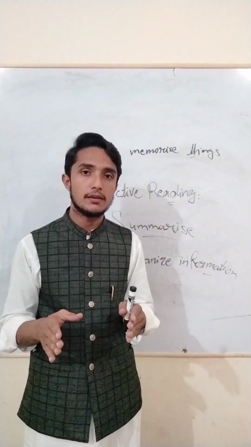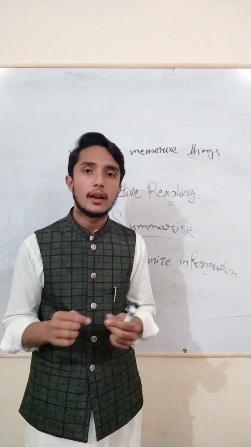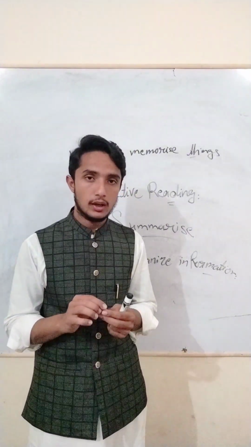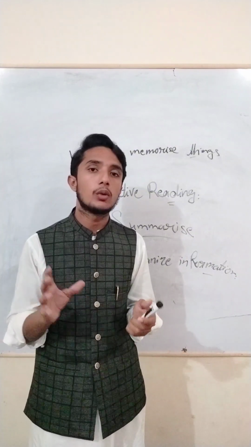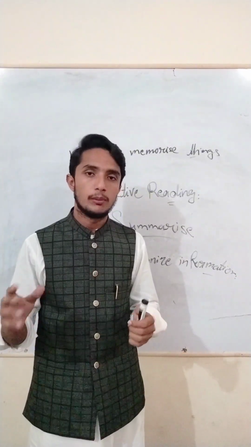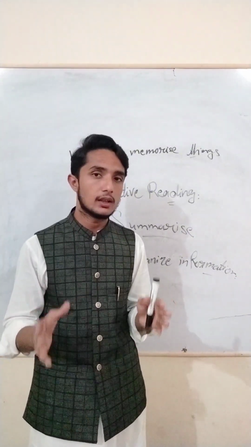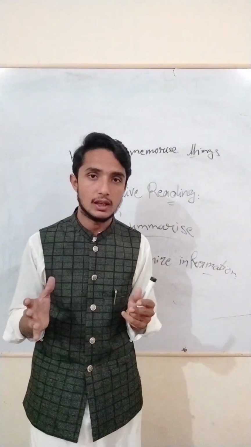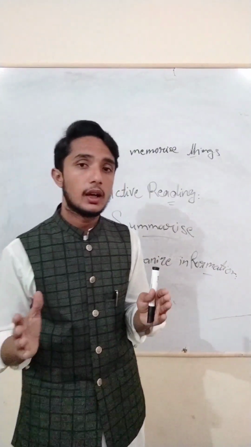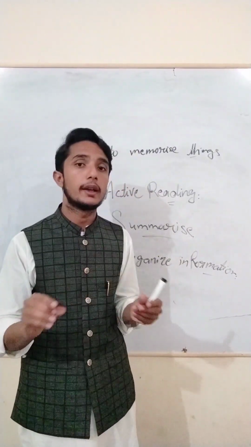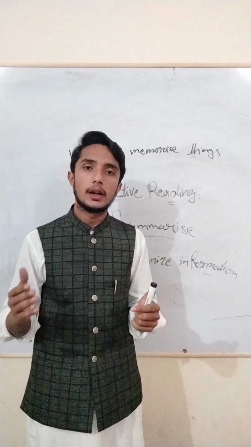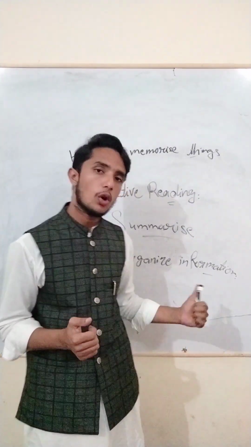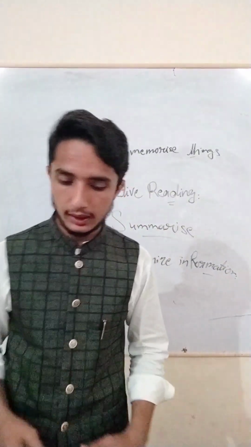Underline the things that you want to memorize, point out the main things, and highlight the main topics that the writer wants to tell you. That is also a best way to memorize a thing. You will memorize much more easily if you highlight it. So try to highlight more and more things that you want to memorize.